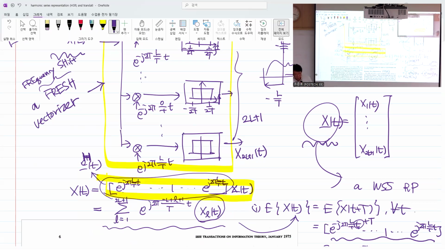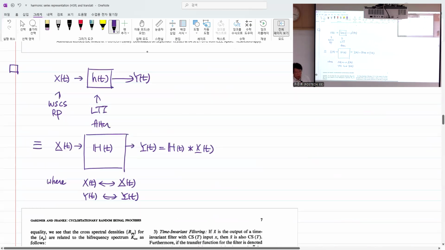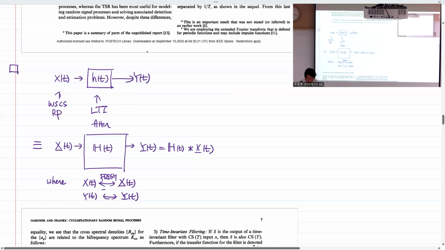And the question is, what is the relation between these two? Got it?